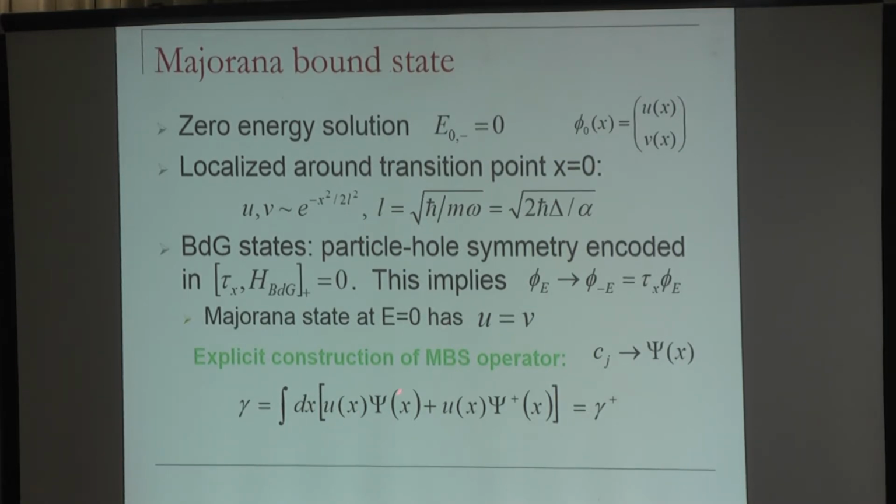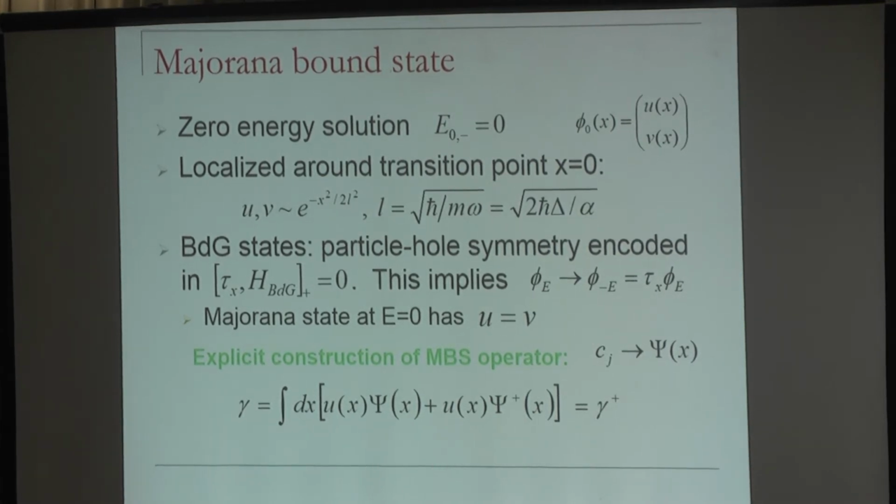The upper component belongs to the particle and the lower component to the antiparticle annihilation operator, which is just the particle creation operator. And that's evidently self-adjoint. And you see the wave function here is really localized around 0 in this construction in a Gaussian sense.